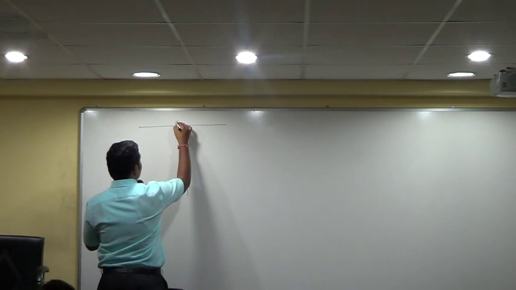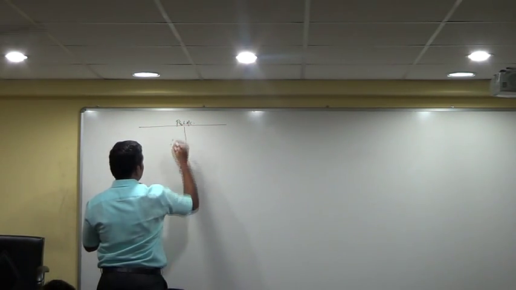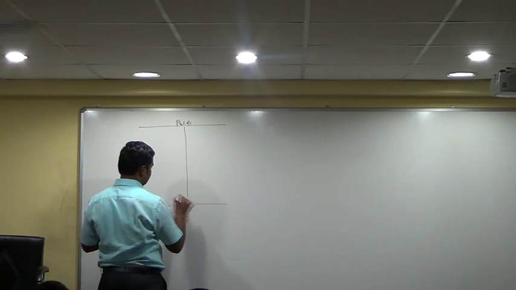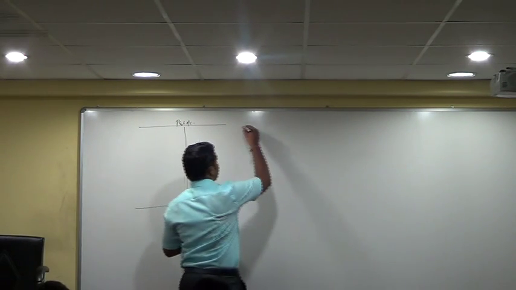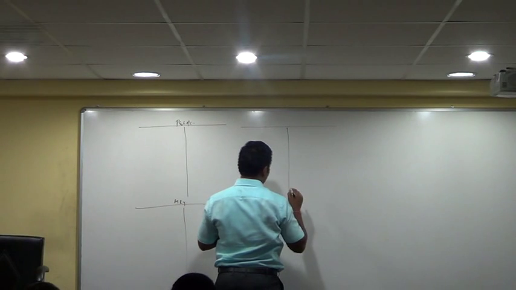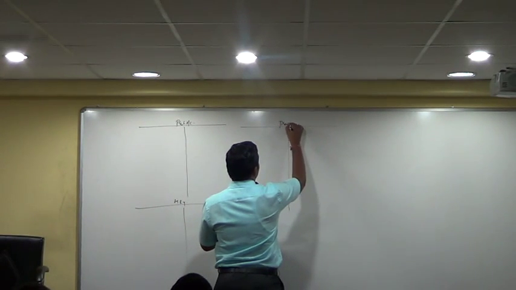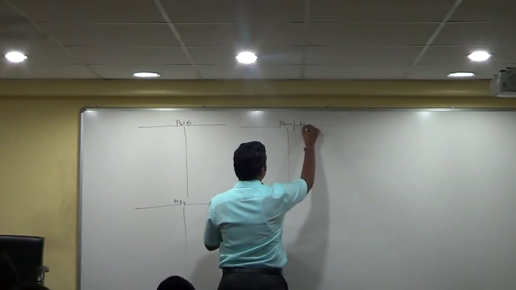Look at the board. Use half a page for the P&L account, half a page for the machinery account, and 3/4 of the page for the provision for depreciation account.